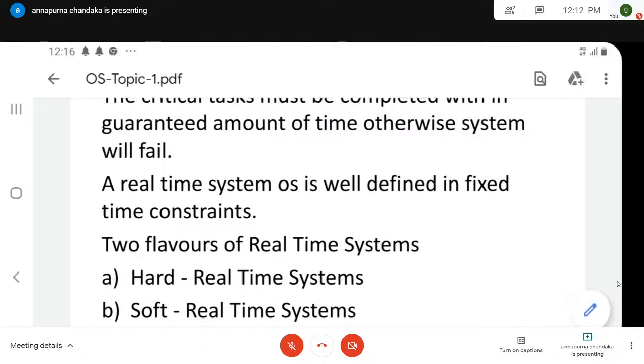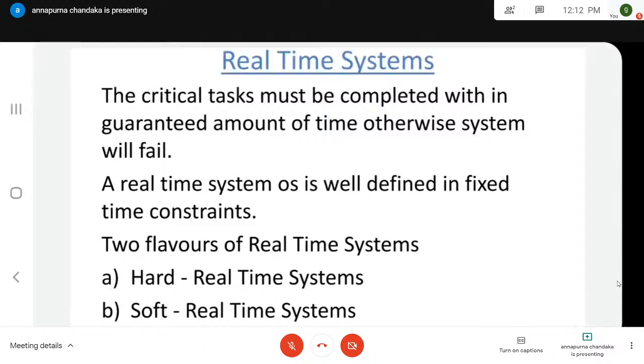Especially the electronic devices you see in the market, all these electronic devices use an operating system called a real-time operating system.